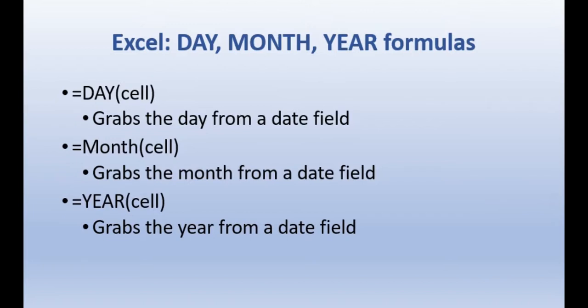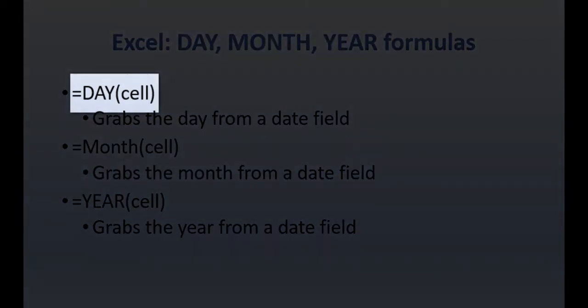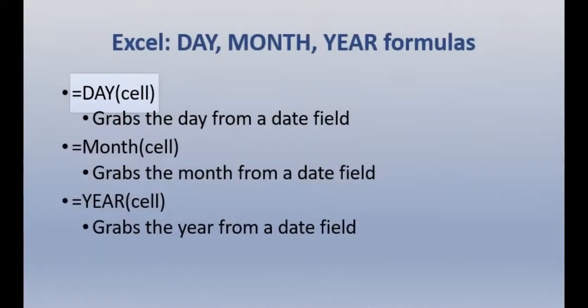Now we also learned the simple day, month, and year formulas, and these are helpful if you already have the date, say 06/04/2019, and for one reason or another you wanted to break apart those dates. So the day formula, equal day, open parentheses, the cell you want, close parentheses, that grabs the day.